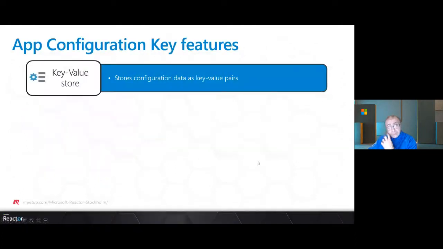Let's start with the features that App Configuration exposes to you. First of all, the simplest one is the key value store. You can store your configuration data as you do in your configuration file. In your configuration file, you have key value pairs. I don't know, the color of your background is red.